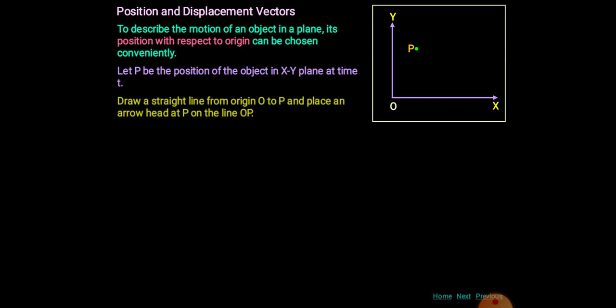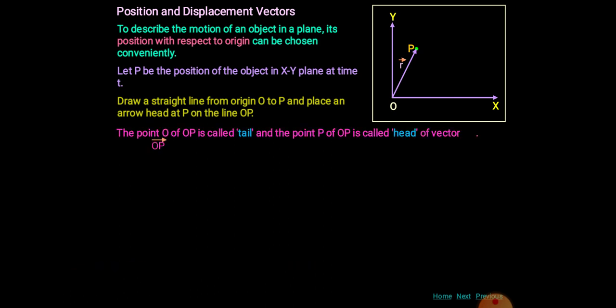So here we have to draw a straight line from the origin, that is OP, and place an arrowhead at P on the line OP. So observe it carefully. Here we have drawn a straight line OP, and that OP I have considered a vector R. So the point O of OP is the tail and the point P of OP is the head of the vector.